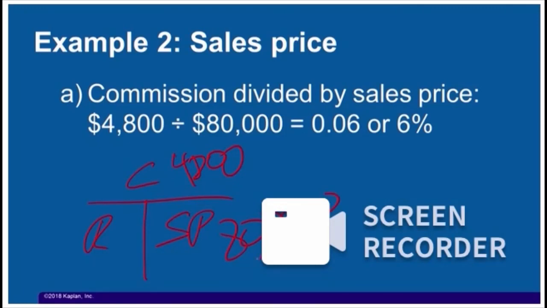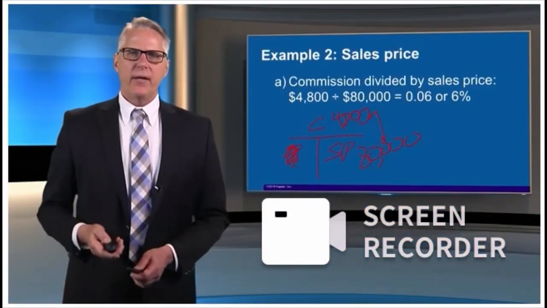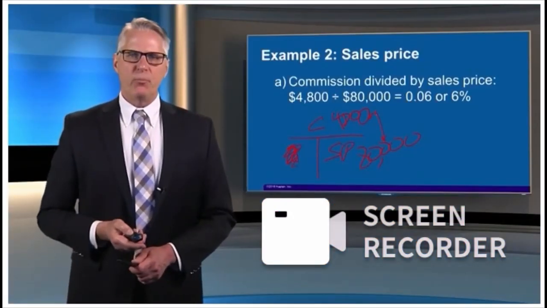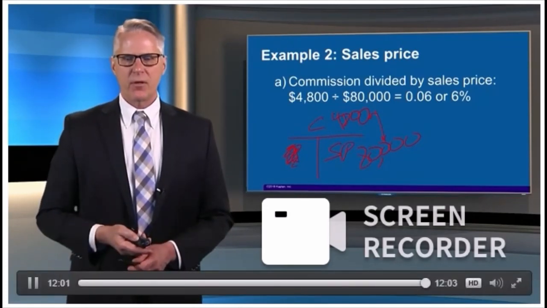Oh, great formula. How do I solve this problem? We'll cover up what you're looking for, the rate, and it says take the 4,800 and divide it by 80,000. Wham, bam, boom on your calculator, and bang, you get 0.06, which equals 6%, and there's the answer to the problem.